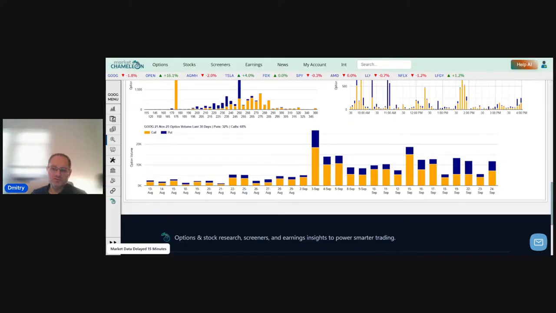and if it follows that path. We do see, in September 3rd, something happened in this November 21st expiration where we saw a big spike in trading volume, then it kind of dipped here, came up again, dipped here.